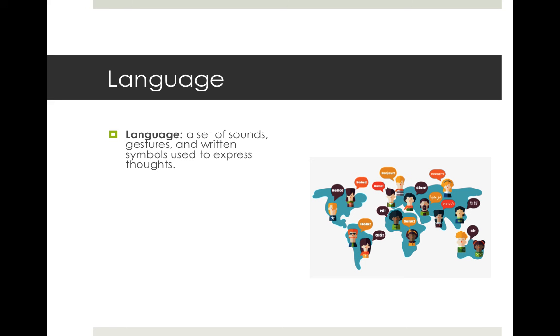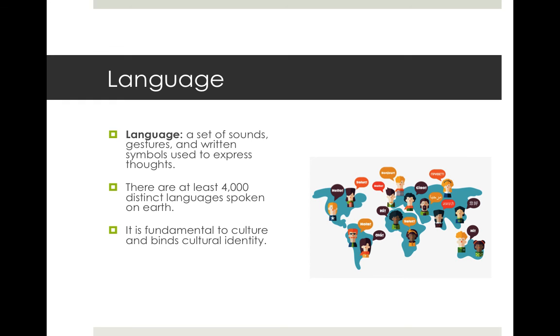Language. Language is a set of sounds, gestures, and written symbols used to express thoughts. There are at least 4,000 distinct languages spoken on Earth. It is fundamental to the culture and binds culture identity. The words, gestures, and expressions of a language reflect a culture's value system.